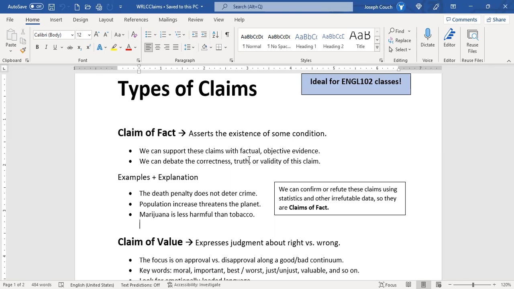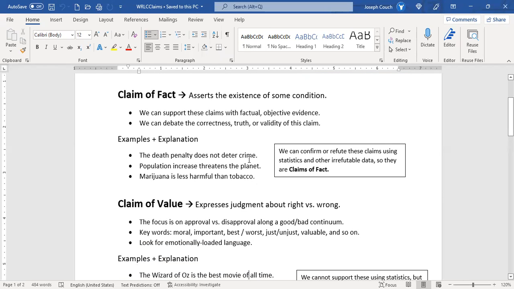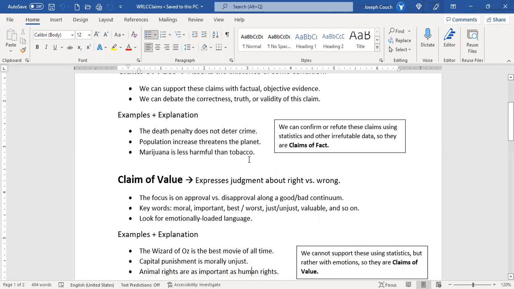So the key is, what is the base fact of existence? What is it? What is happening? So that's the deal. And almost all arguments have this to some level, right? Establishing the issue, establishing the controversy, or even just laying the groundwork of what is out there in relation to the debate.